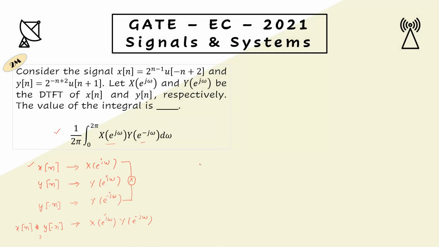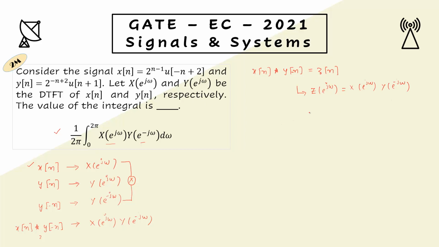So let us call x of n convolved with y of minus n to be equal to z of n, and that will have as Fourier transform z of e power j omega, which is nothing but x of e power j omega multiplied with y of e power minus j omega.